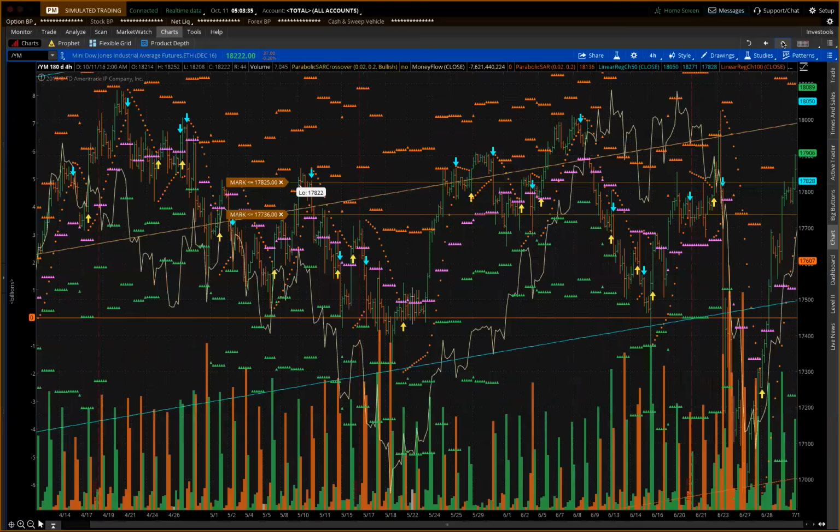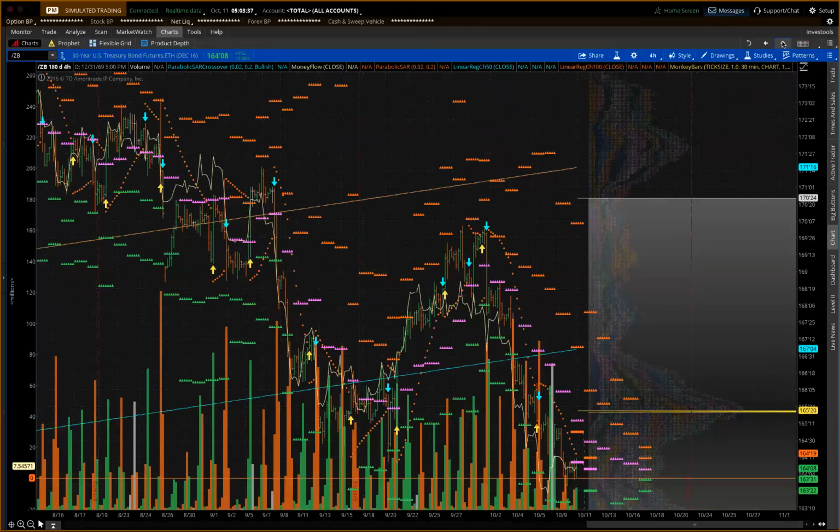Okay, where am I? All right, so here are bonds. This was a bounce a couple weeks ago, in debt. This was going into the jobs, the week prior. This was to catch people.